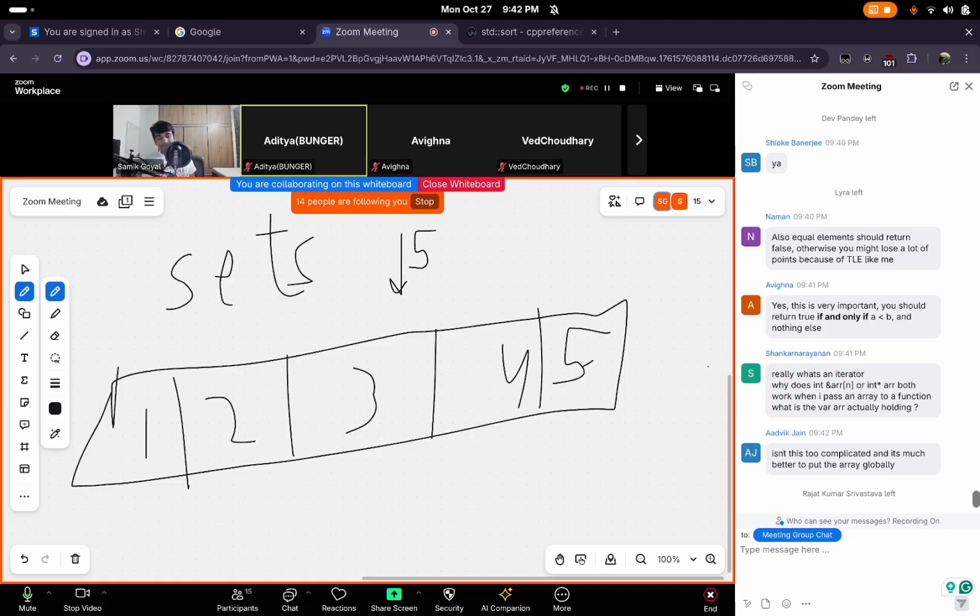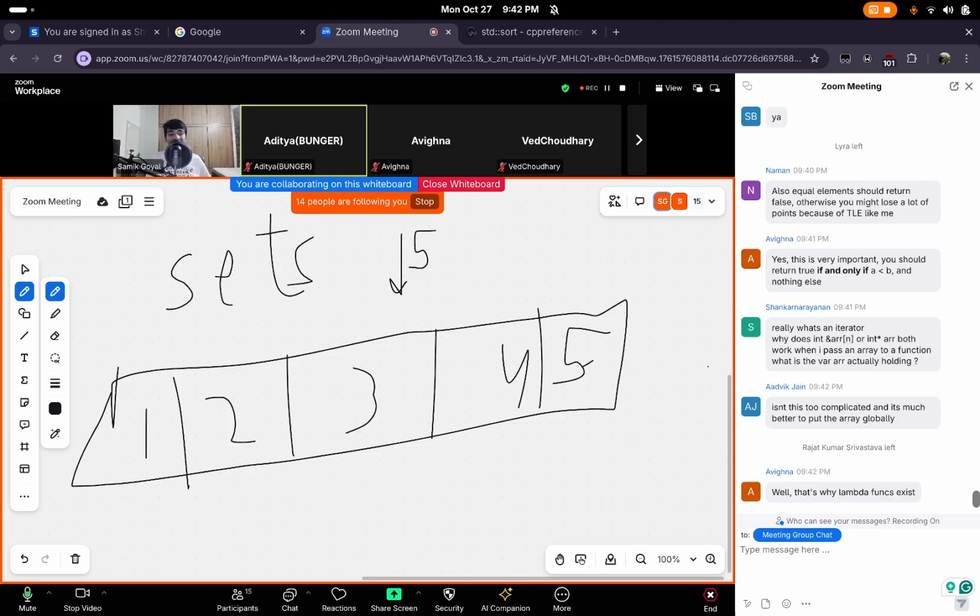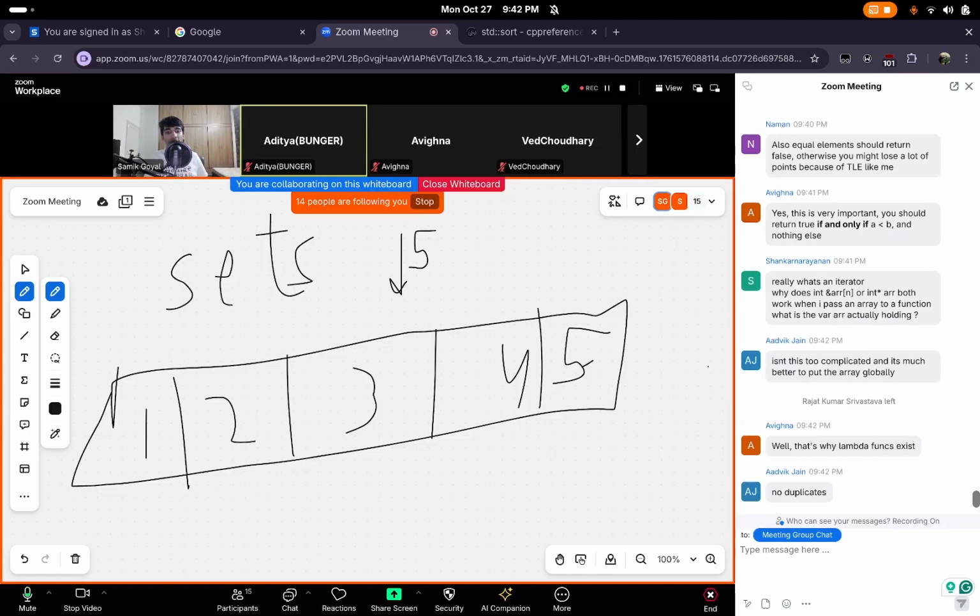The places where it's different to an array is that you can't ask it what is the third element, what is the fourth element, what is the fifth element, because it has no knowledge of that.